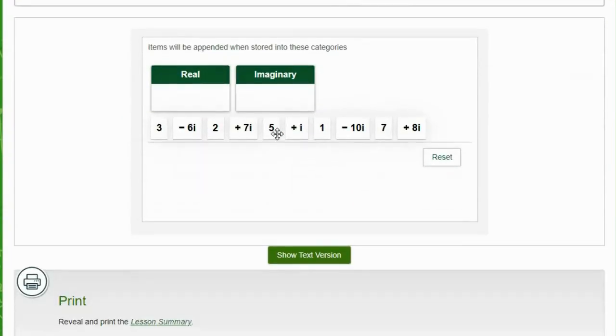All right, so this wants to know which of these numbers is a real part and which of these are an imaginary part. That's good practice for you right there. But it all breaks down to, is 3 a real number or is 3 an imaginary number? Well, 3 obviously is a real number. We've used it since first grade, probably kindergarten, maybe preschool. -6i.